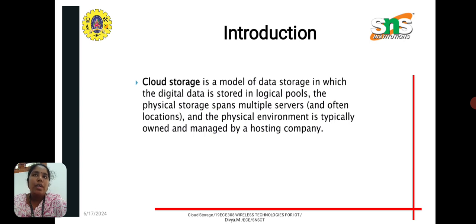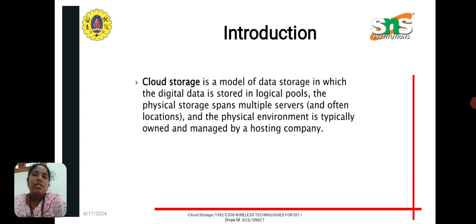In object storage, data is stored as objects, like files or blobs, in a flat address space, ideal for large amounts of unstructured data such as photos, videos, and backups. In block storage, data is stored in fixed blocks, like a traditional hard drive, typically used for applications requiring high performance and low latency, for example Google Persistent Disk and Azure Disk Storage.